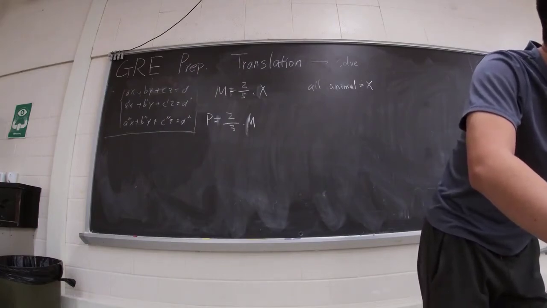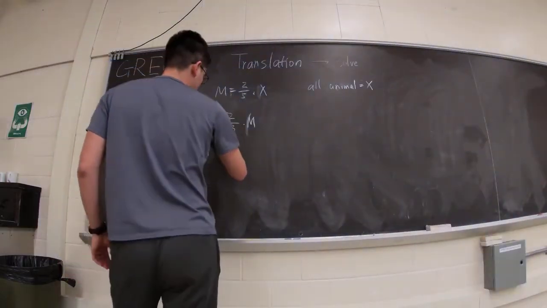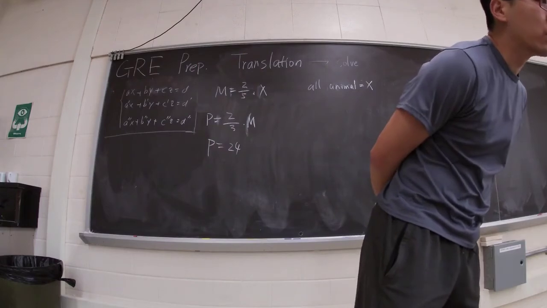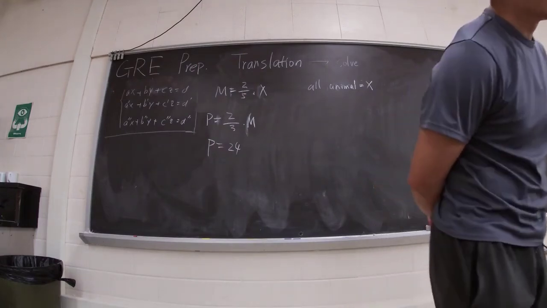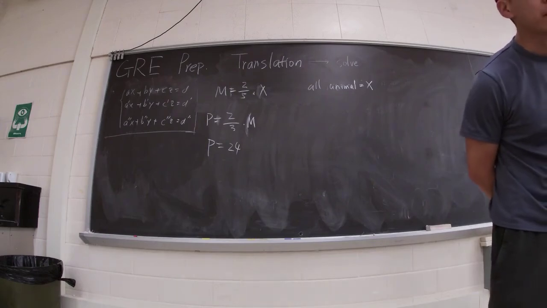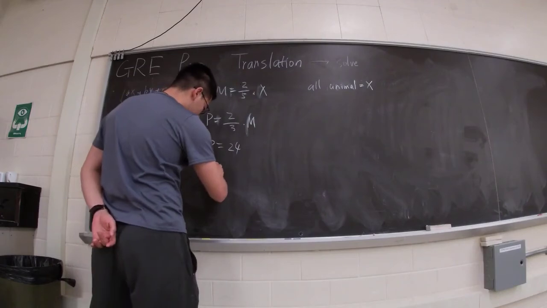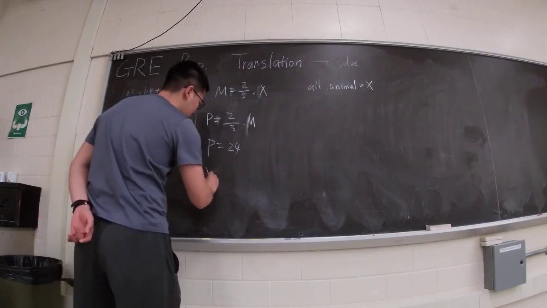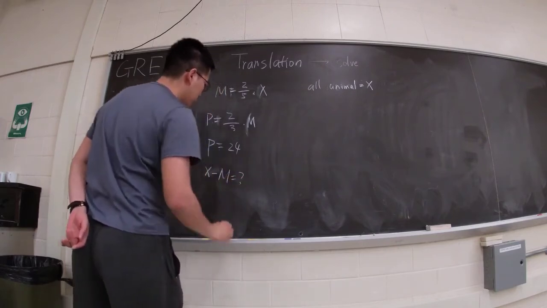If 24 mammals are allowed to interact directly with the public, then you know P equals 24. How many animals are not mammals? So they're asking how many are not mammals, which means total animals minus mammals equals what?